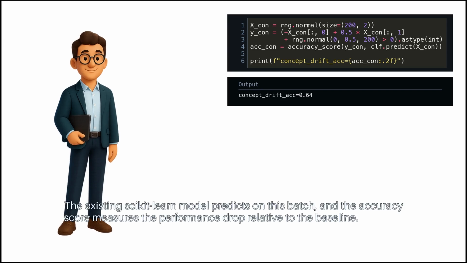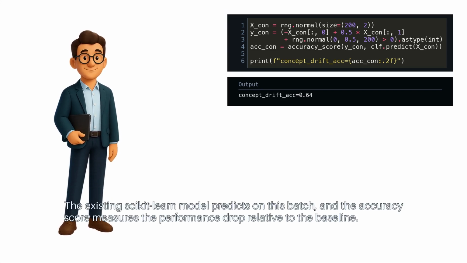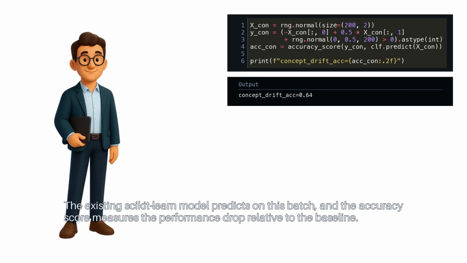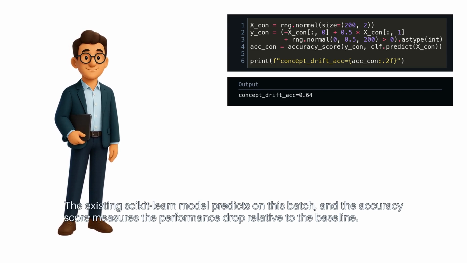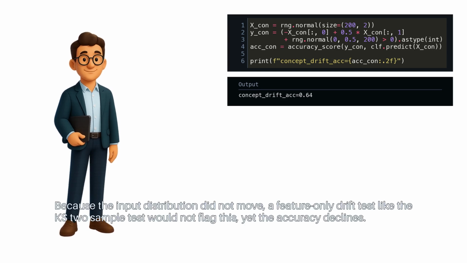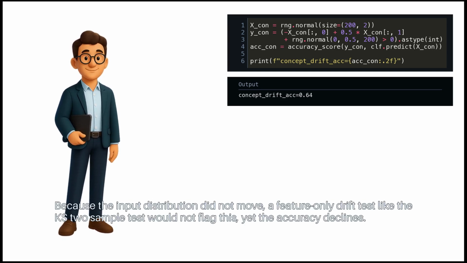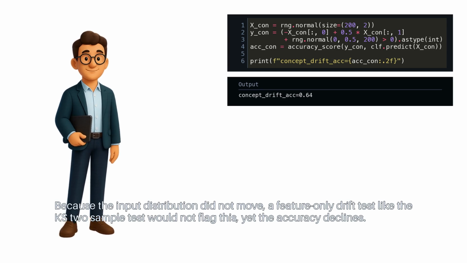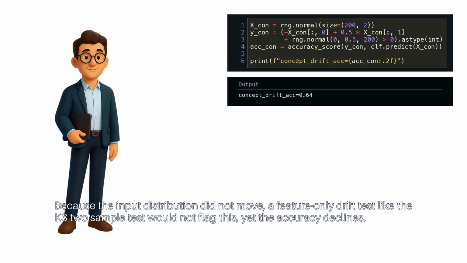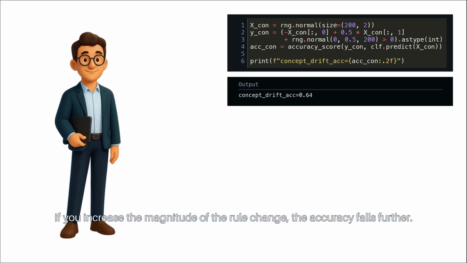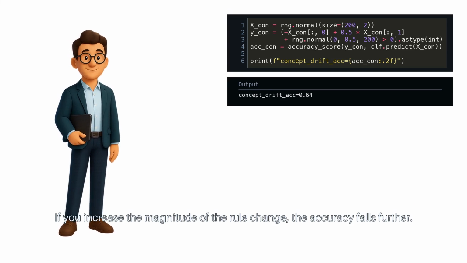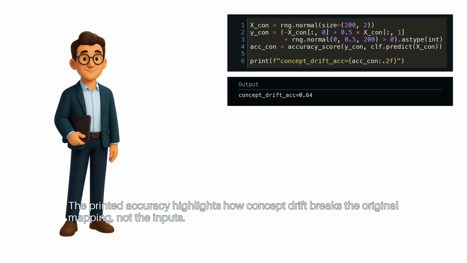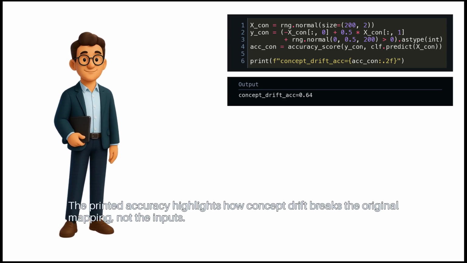The existing scikit-learn model predicts on this batch, and the accuracy score measures the performance drop relative to the baseline. Because the input distribution did not move, a feature-only drift test like the KS2 sample test would not flag this, yet the accuracy declines. If you increase the magnitude of the rule change, the accuracy falls further. The printed accuracy highlights how concept drift breaks the original mapping, not the inputs.